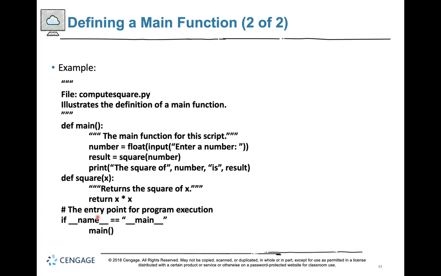The code that's outside of any function is in the so-called global scope. This program is actually a module, and it's given a name when you run it as a program. The name of this module is main with underscores on both sides. This is a double underscore, by the way. So if you're executing this file as a program, this name will be equal to "__main__". And so you will execute this if statement, and inside we're going to call this main function here.